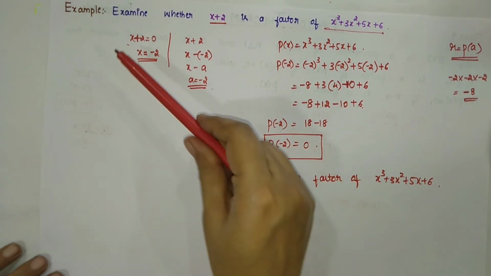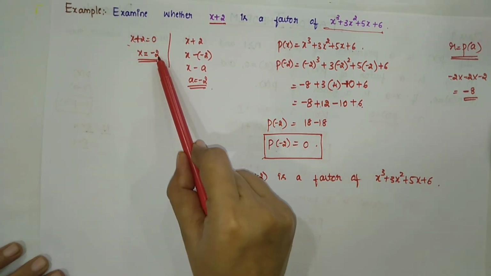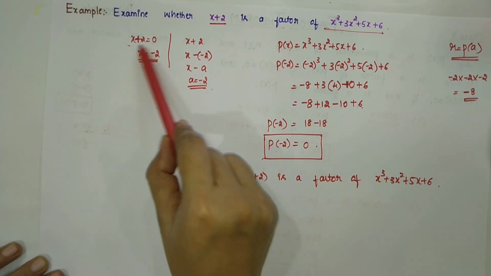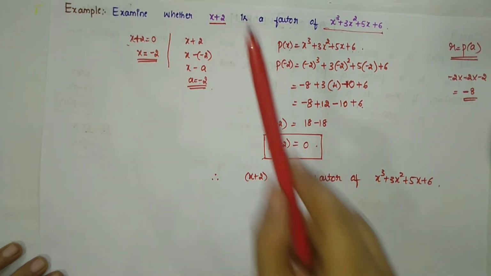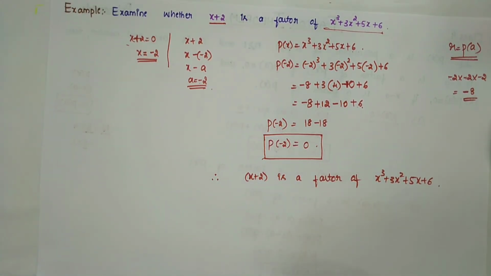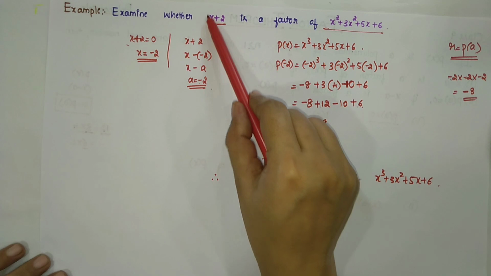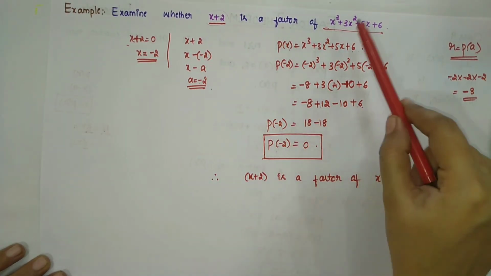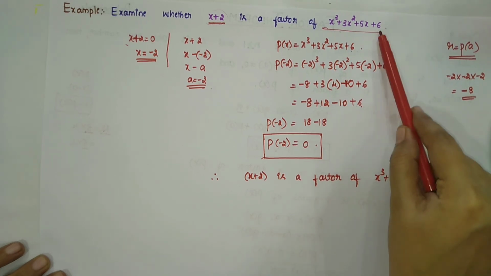And here we considered x equal to minus 2, and this x equal to minus 2 is nothing but the 0 of this linear polynomial x plus 2. So whenever you have to verify whether the given polynomial is a factor of the other polynomial, you just need to find the value of x from the linear polynomial and then substitute that value of x in the other polynomial p of x.